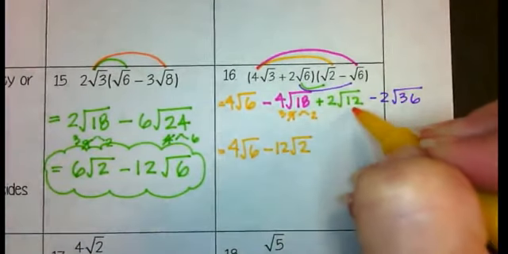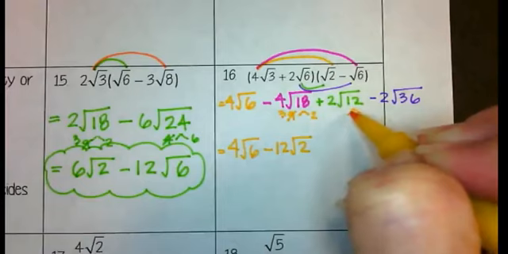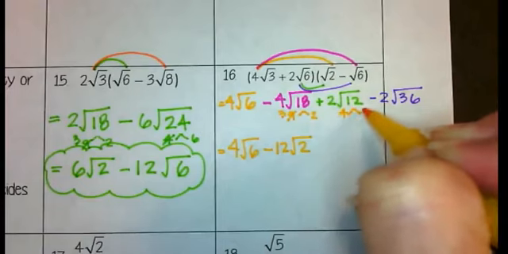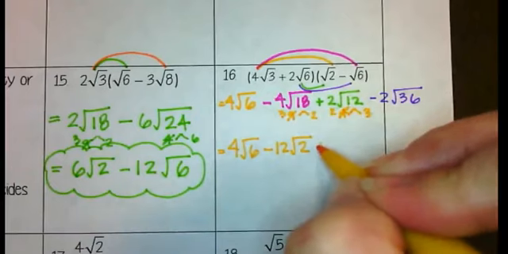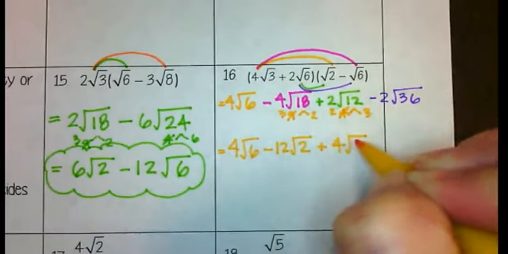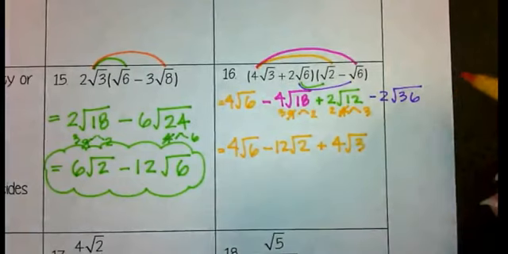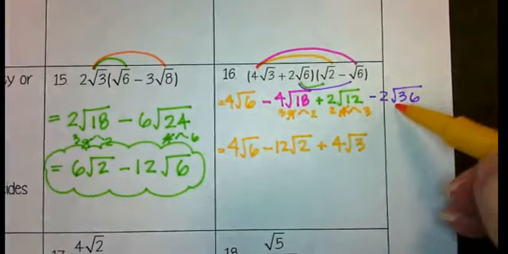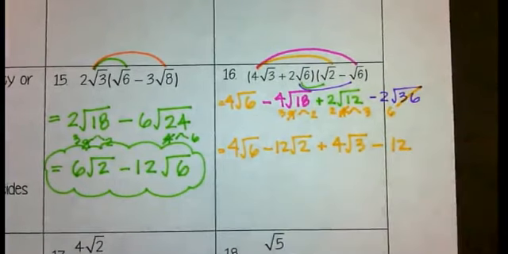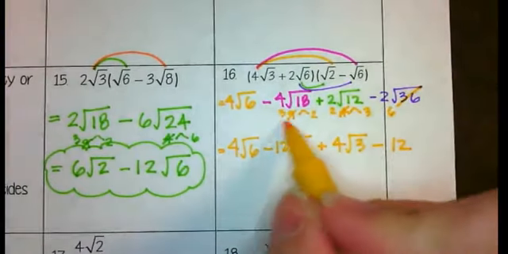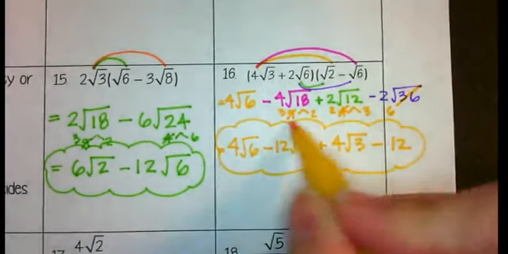Alright, on this one, we could rewrite 12 as 4 times 3. The square root of 4 is 2. So this would be 4 square root of 3. And then here the square root of 36 is 6. So that's going to be a minus 12. And none of these are like square roots, so that's our answer.